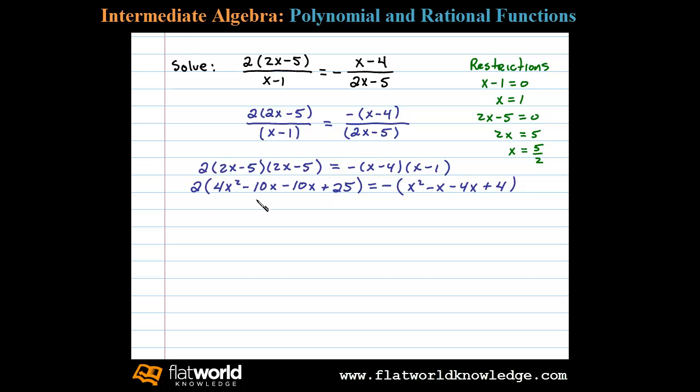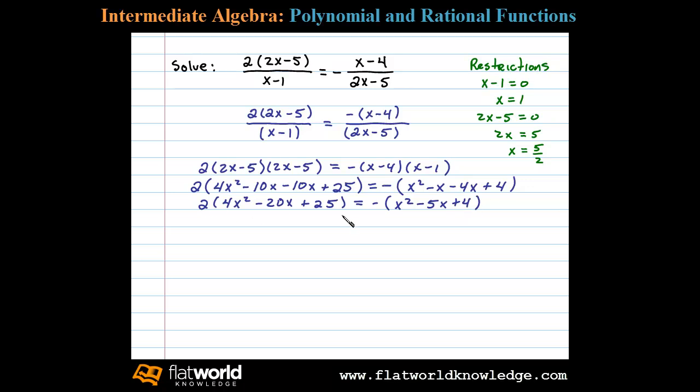Now before I distribute, let me go ahead and add these like terms. So we have 2 times 4x squared minus 20x plus 25 equals negative x squared minus 5x plus 4.